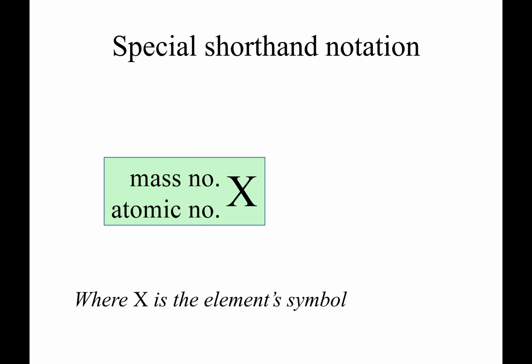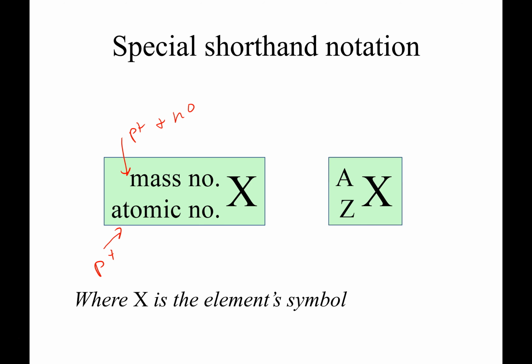So that's what we go with. This is showing you that last version where we had carbon 12 and 6. 12 was the mass number. Remember, that's the number of protons plus neutrons, and this is just protons.